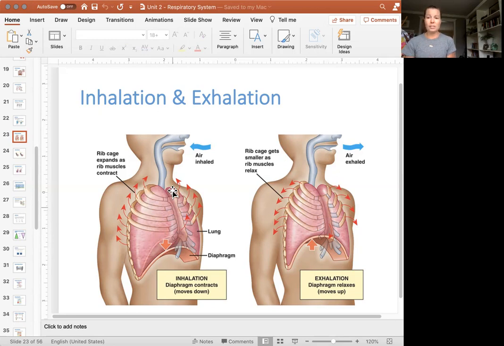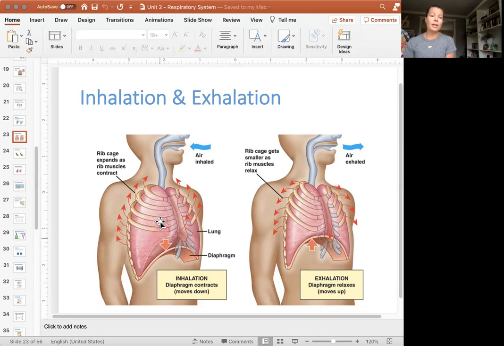And remember what we just said, based on Boyle's Law, when volume increases, pressure decreases. So now intrapulmonary pressure decreases, and it drops below atmospheric pressure. There's one more thing that you need to remember, and that is that molecules always want to move from higher pressure to lower pressure. So air molecules that are outside of the body are now in a higher pressure area.